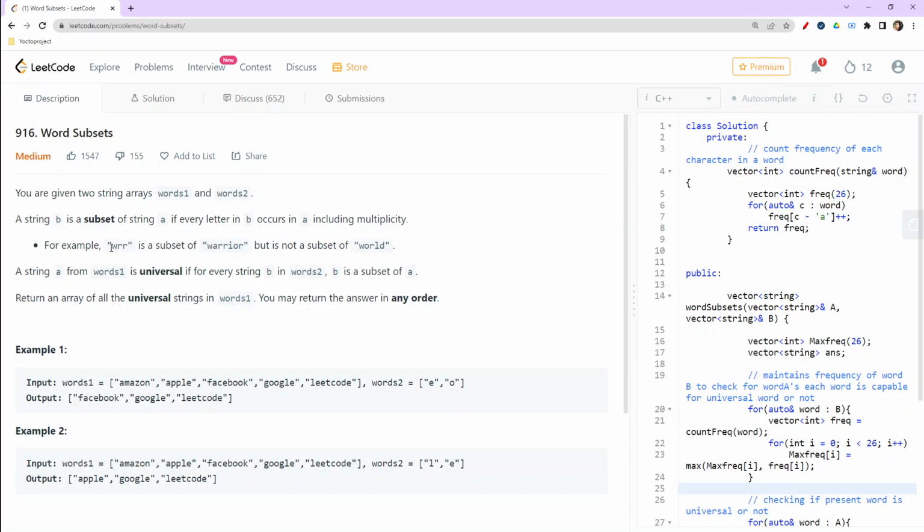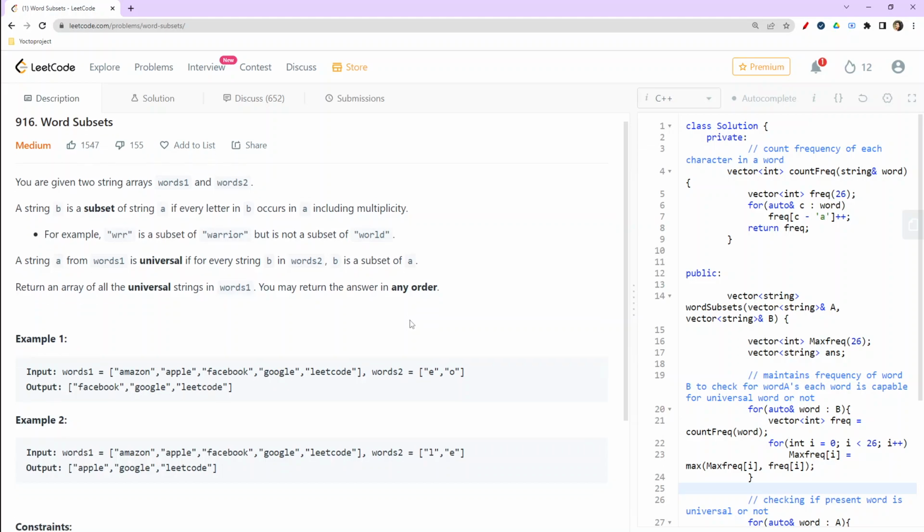Here in warrior, we have W and RR twice, so that fulfills the requirement. But in world, we have W and R, but R does not occur two times. So that's why world is not a universal string. This is what the question wants to say, and we are required to return all those universal strings.